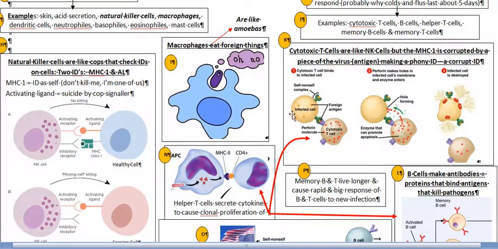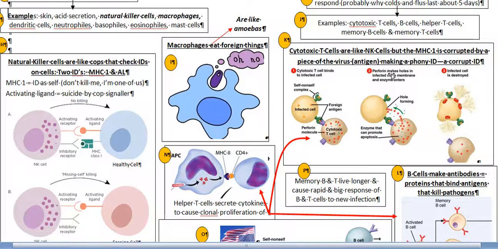Remember, you have an infected cell. You take a piece of that pathogen and place it on the major histocompatibility complex. You place it on the ID, and that's like a warning signal: I messed up, I'm infected.